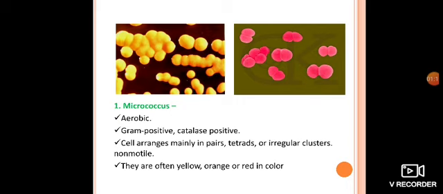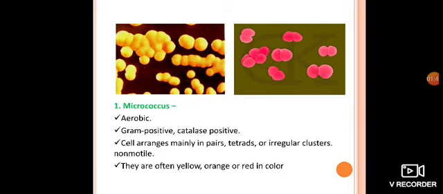Then cell arrangement is mainly in pair, triad or irregular cluster, and they are non-motile. In the right hand side, in a red or pink color, we can easily observe they are in a paired form.